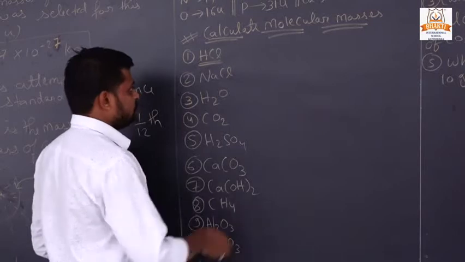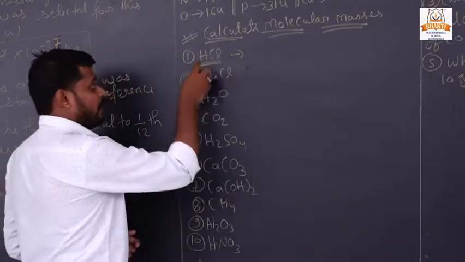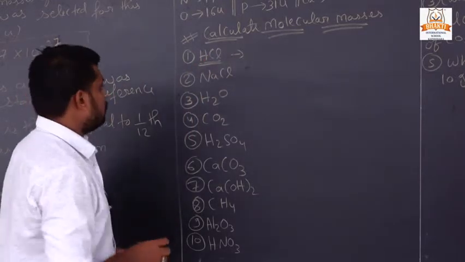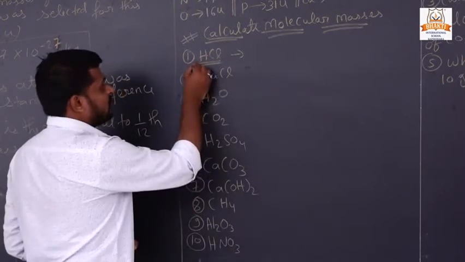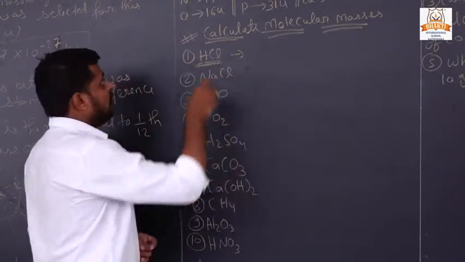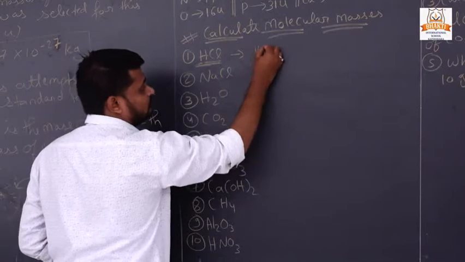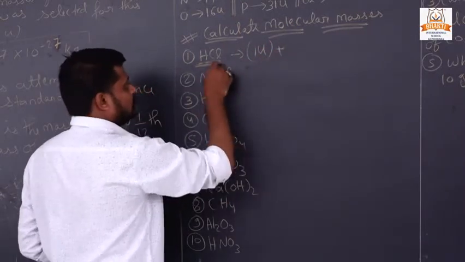What is HCl? Hydrochloric acid. In that, one element is hydrogen and the second element is chlorine. So we have to find the molecular mass. How many atoms of hydrogen are in HCl? 1, and the atomic mass of hydrogen is 1 unified mass, plus chlorine.